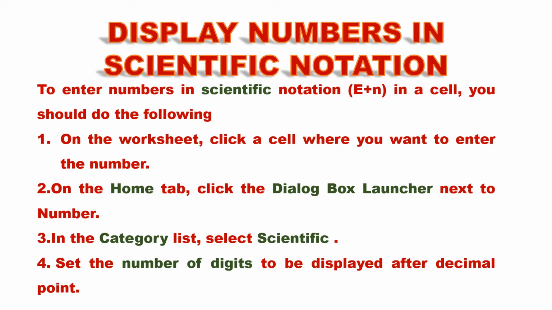The remaining digits will be represented by a combination of the symbol E representing the exponent, and the power represented by n. 10 to the power n is used in the scientific notation.